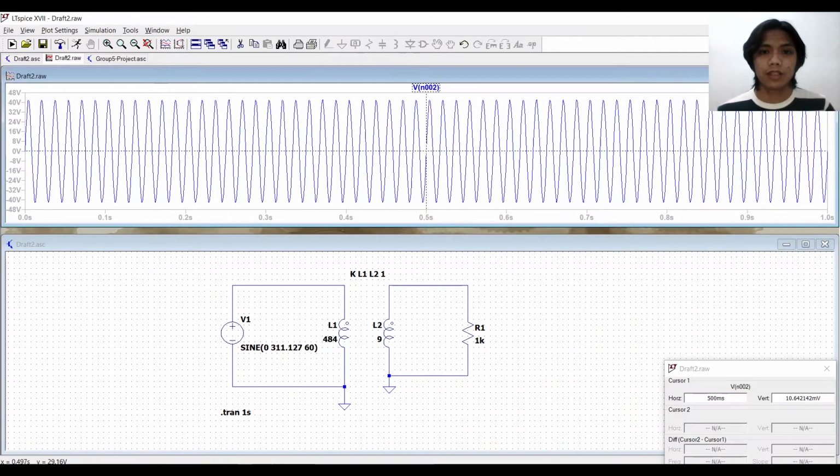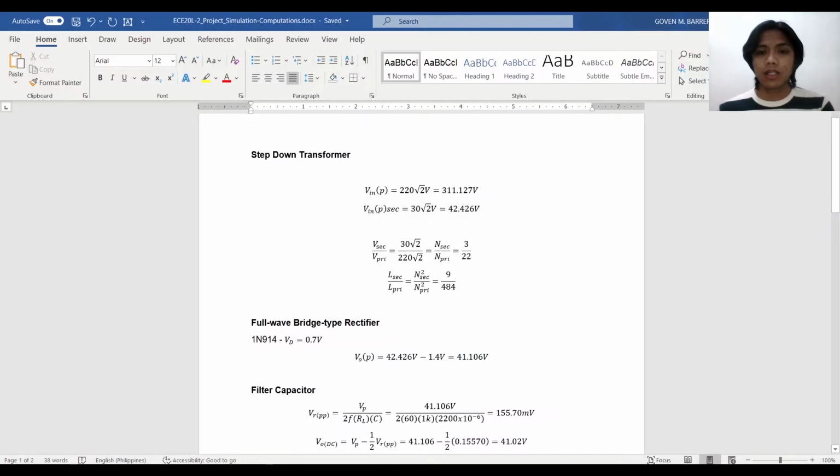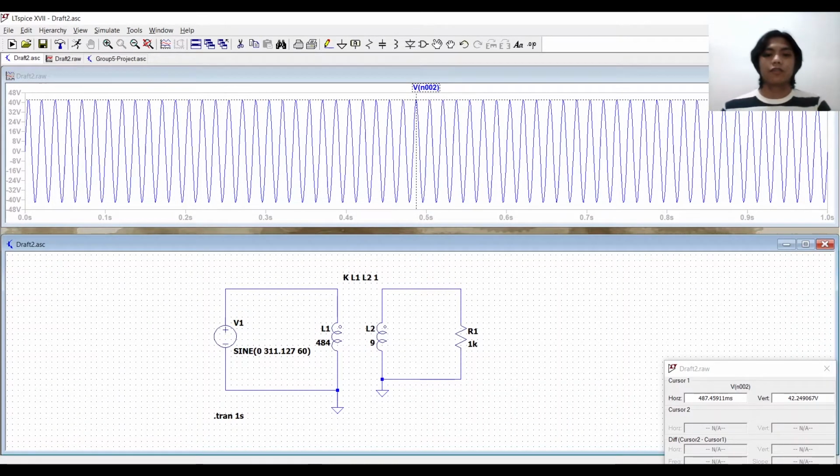Now we can read the voltage as 42.24 volts, which is really close to the 30 volt RMS value, which we transformed, or rather stepped, down.